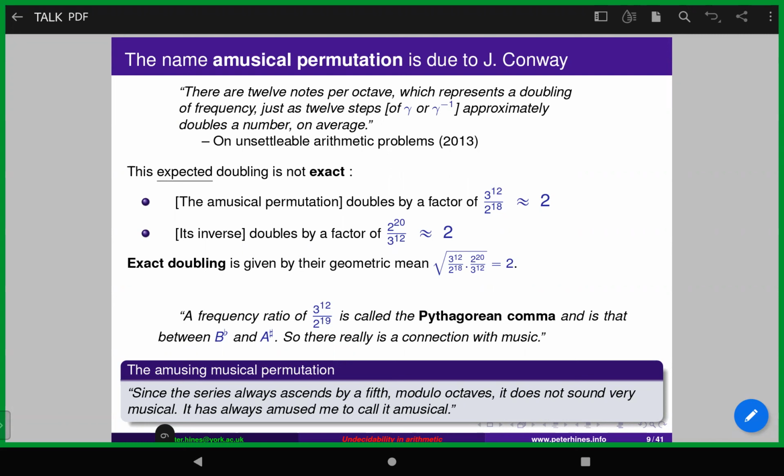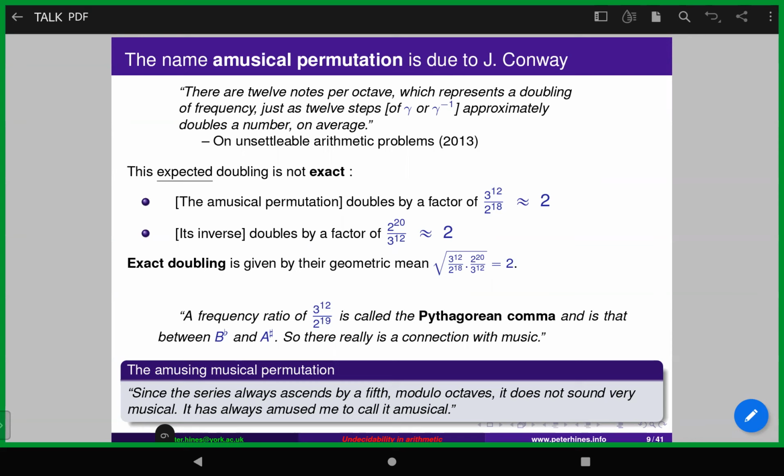But you don't quite arrive back there if you're working with a pure scale simply based on ratios of frequencies. You have what's known as the Pythagorean comma, though it appears to be known by the Mesopotamians and the Babylonians before Pythagoras, which is a frequency ratio of 3^12 over 2^19. And we see that the expected doubling of the amusical permutation is actually in ratios of the Pythagorean comma.